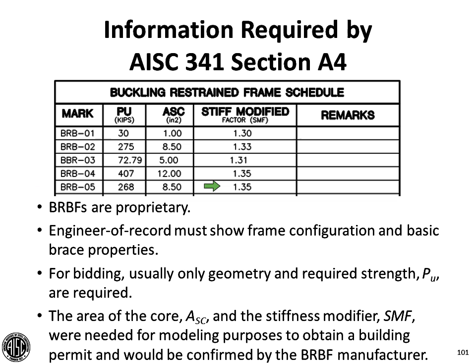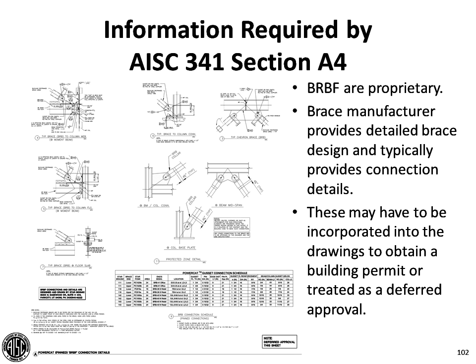And this is something that would be determined by the brace manufacturer, but normally would also have to be shown on the drawings, at least initially, and then confirmed in order to get your design through the building department. And then the brace manufacturer would provide the details and a detailed schedule of things related to the brace itself.